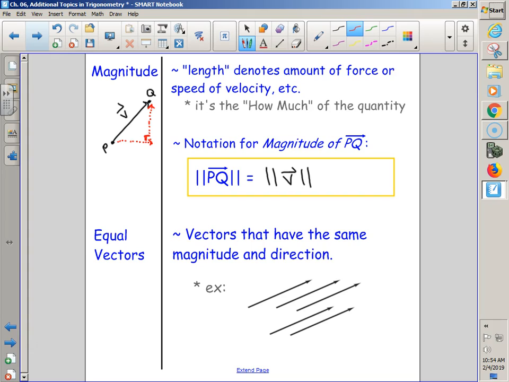And if I don't know the hypotenuse, if I knew the sides, what could you do? So if they were to ever give you the components, or the over and the up and not the diagonal, you could always find it using the Pythagorean theorem, which would say the hypotenuse squared, or if we're talking about the length, it would be double lines showing magnitude. The length of the vector, not just the name, but the length, always having double lines, would be the square root of a squared plus b squared.